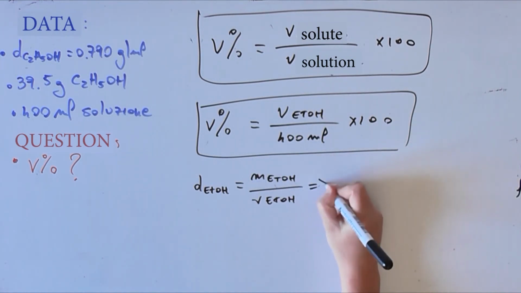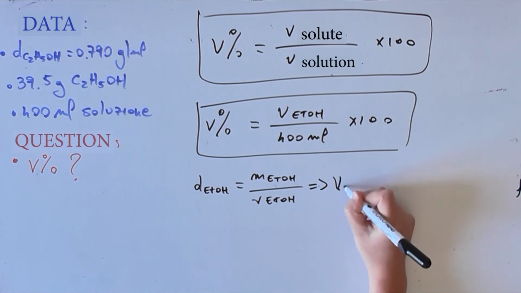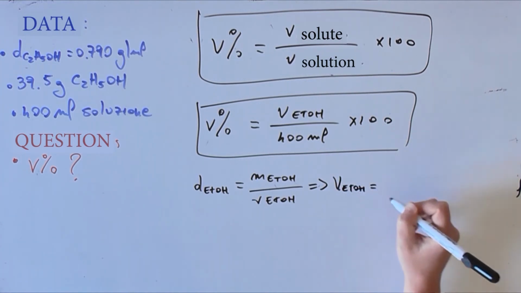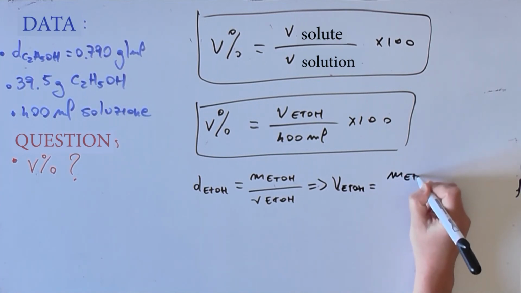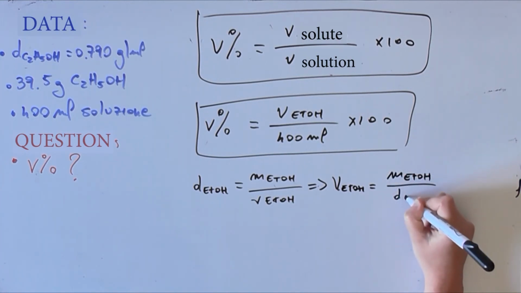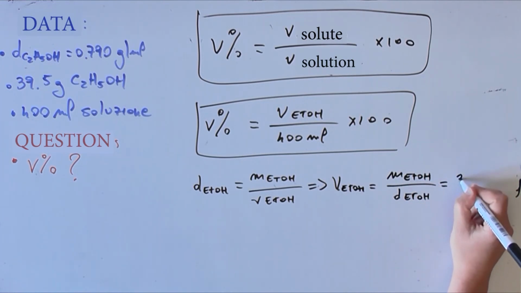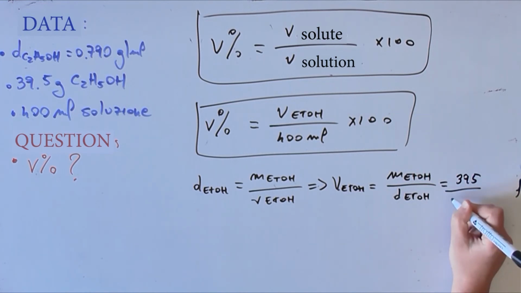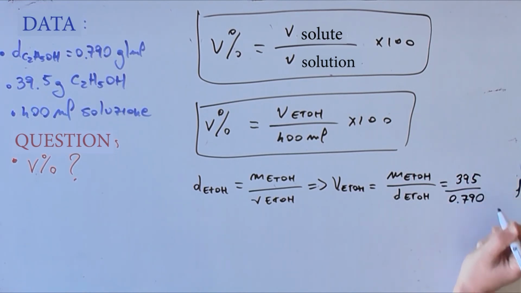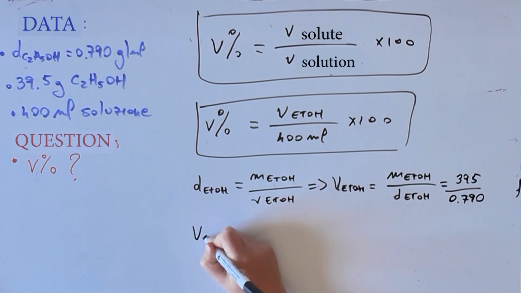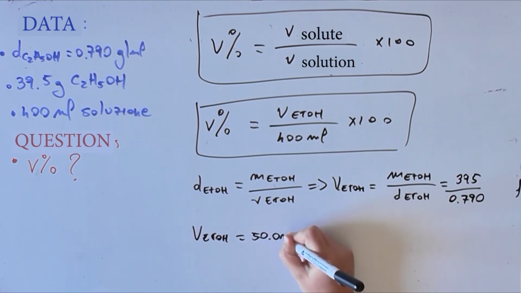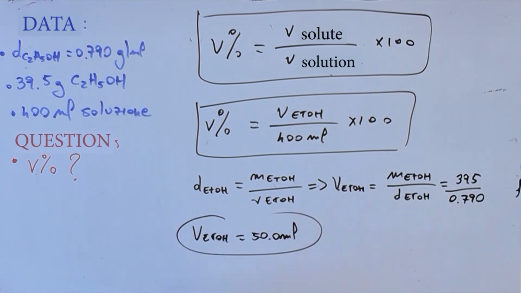This entails that the volume of ethanol equals the mass of ethanol divided by the density of pure ethanol, which equals 39.5 divided by 0.79, and so this is the volume of ethanol we can put in our formula to calculate the percentage by volume, which is the answer to our problem.